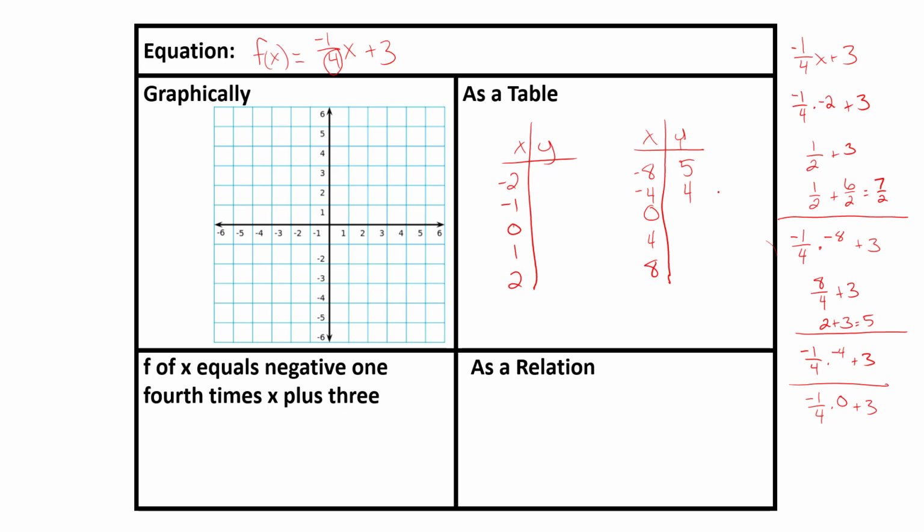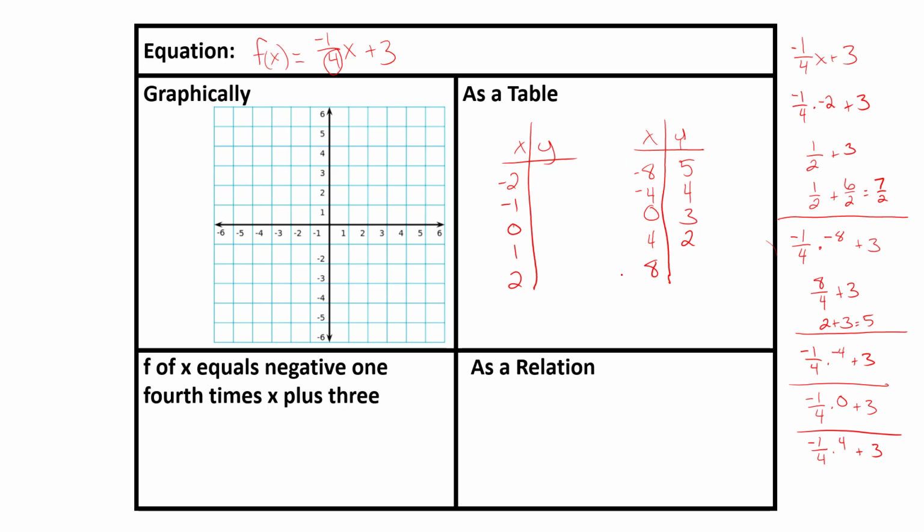Plus 3 is 3. All right, -1/4 times 4 plus 3. -1/4 times 4, that's going to give me a -1. Plus 3 is 2.